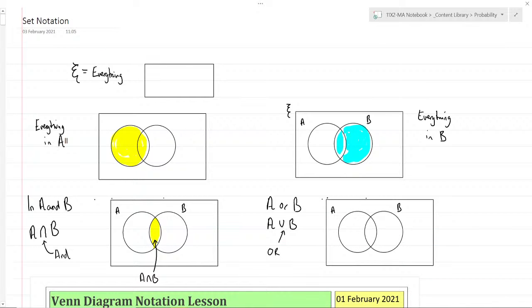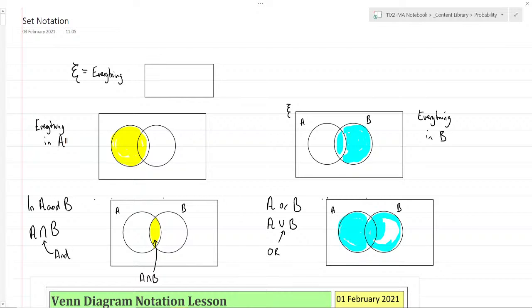So in A or B, it needs to be everything which is in A or in B. So everything in A, which is going to be this part here, and this part here, this part's in A as well. So I highlight everything which is in A, or everything which is in B, which means it needs to be this part here.